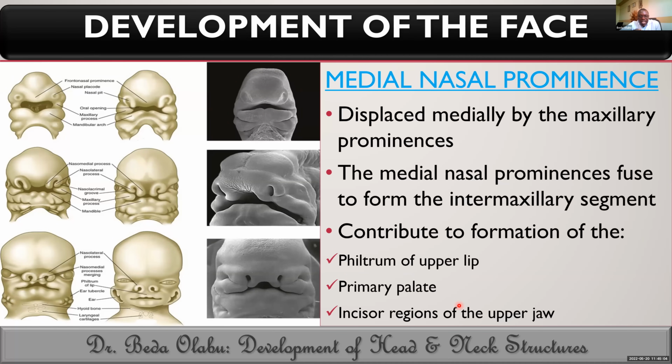So they form the structures in the middle of the upper part: the philtrum, also the primary palate, also the region of the upper jaw. And you can still add even the nose, that region between the right and the left nostril, that column there is also coming from this particular segment.